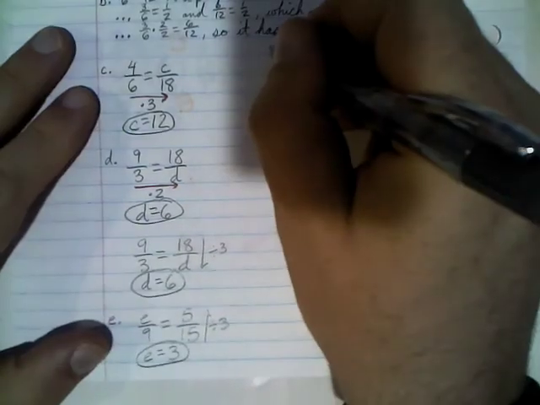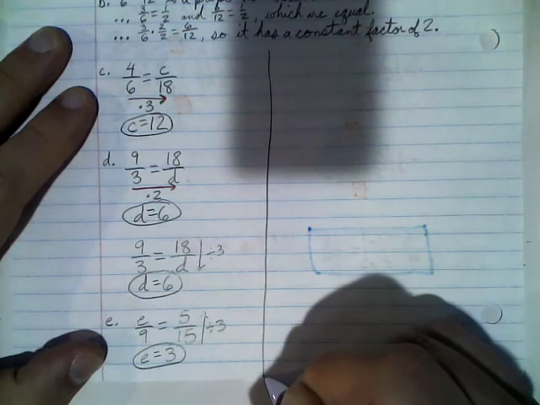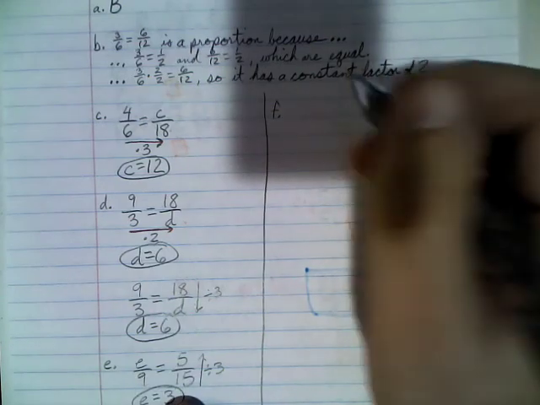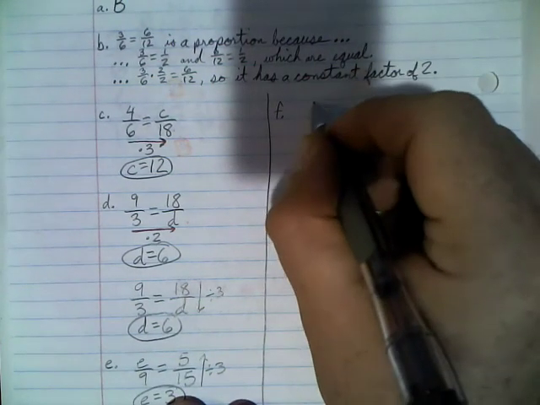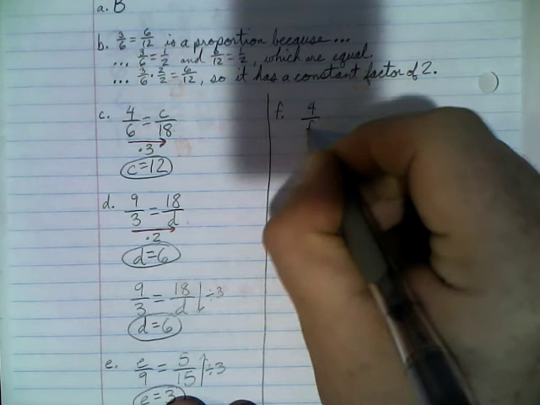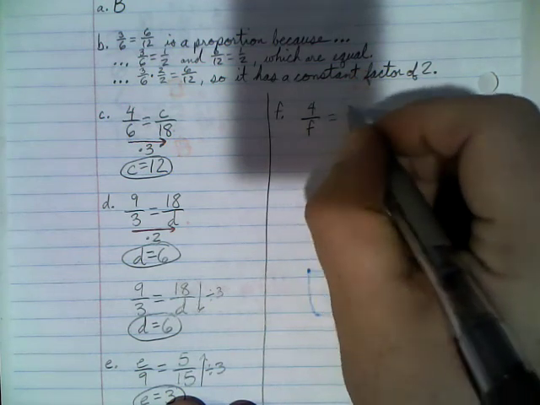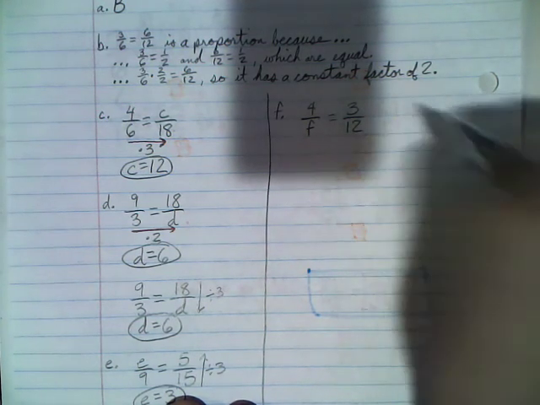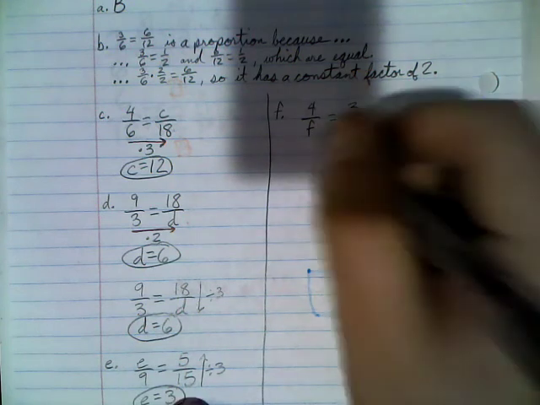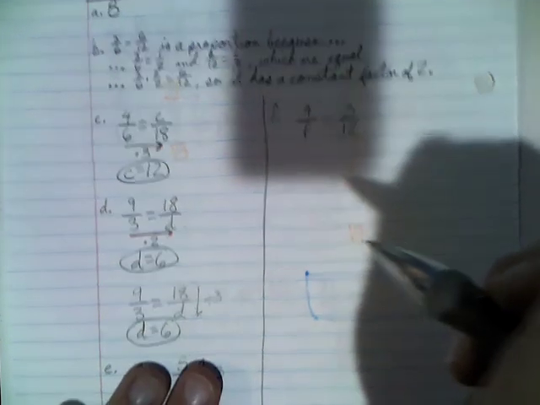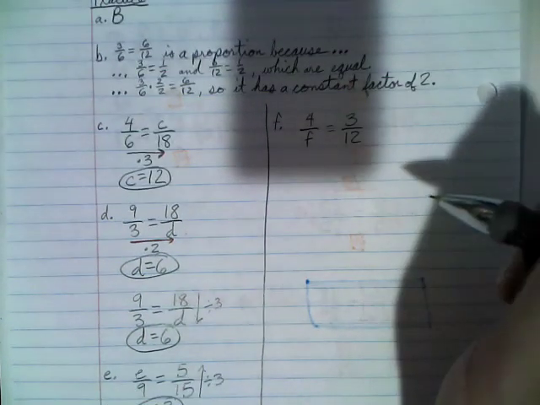I'm going to draw a line down the center of the page here. F, I have 4 over F equals 3 over 12. So F now is in the bottom left, so I either want to move down or I want to move left.